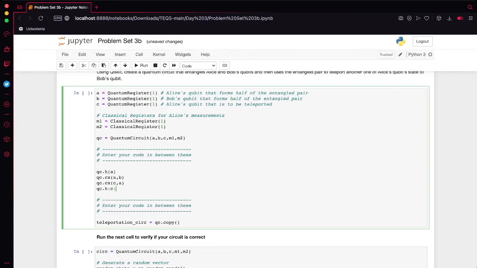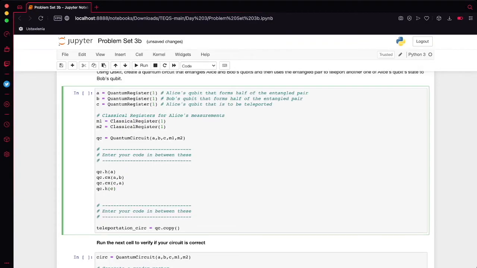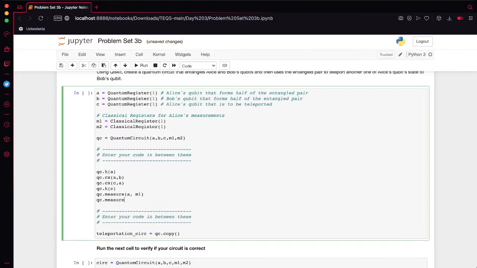(C). And now Alice can measure both of her qubits, collapsing this state, right? qc.measure(A, M1) and qc.measure(C, M2).